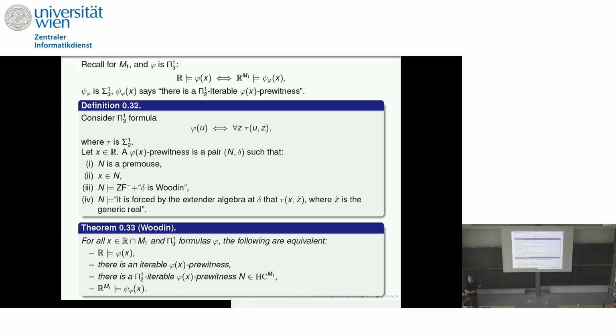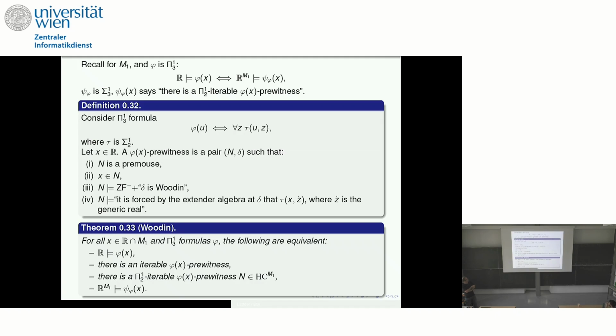And it basically says that we're going to force the pi 1 3 thing over it with the extender algebra. Okay, so we have the pi 1 3 formula, which is of the form for all reals, some sigma 1 2 thing happens. And if we go to real, then a phi x pre-witness is just a pair, N and delta. N is a pre-mouse. x is a real that's in N. N satisfies delta is Woodin and a bit more.